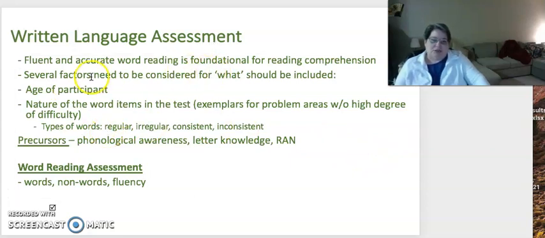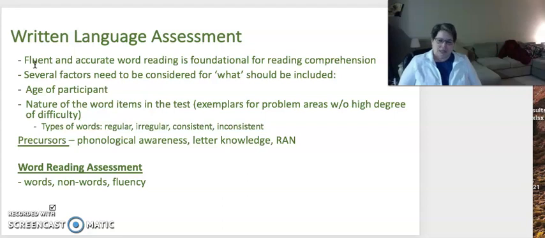In written language, there are two distinct aspects: word reading, or word recognition and decoding, and reading comprehension. So we assess them separately. For word reading, we're looking for fluent and accurate word reading, and this is foundational to reading comprehension.